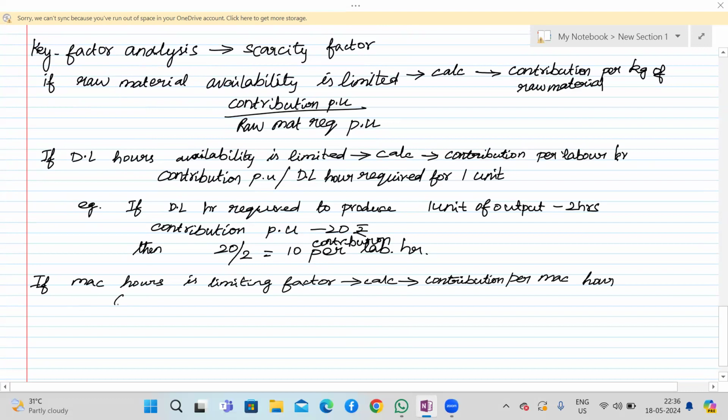That is contribution per unit divided by number of machine hours required for 1 unit.